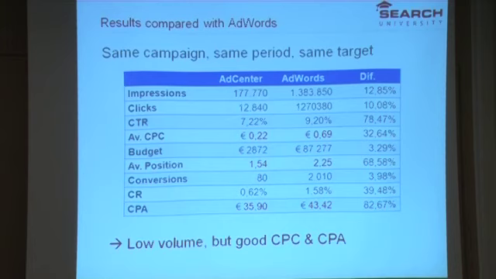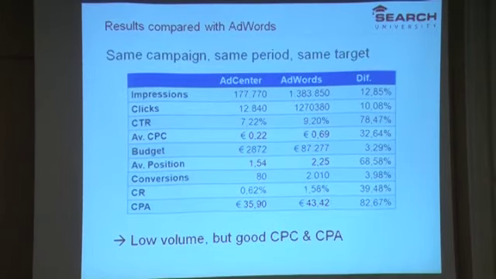Then let's see the CTR. We have a higher CTR on AdWords and a lower one on Ad Center. Well, this can be explained by the fact that we are spending much less time on Ad Center optimization than on AdWords optimization. Then what is interesting is the average CPC for the campaign.